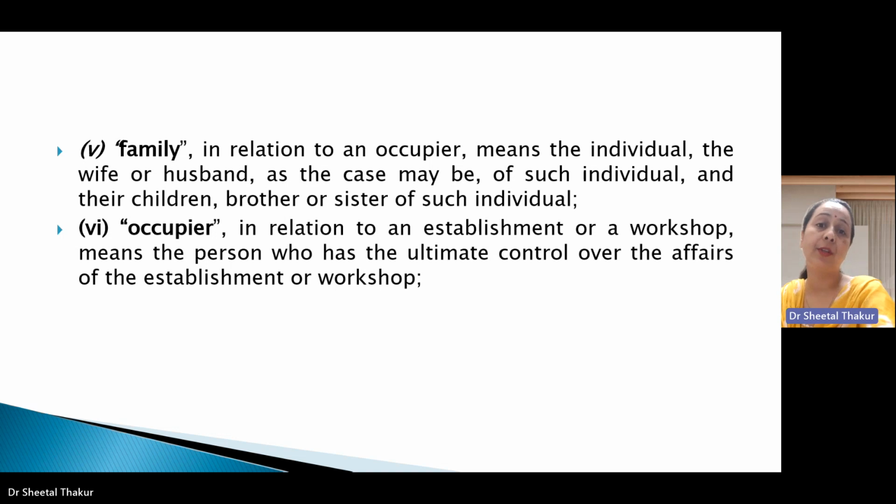So whenever the word family comes in relation to an occupier, his spouse as well as his children, brother and sister come within the periphery of the family. Thereafter, they have also defined the term occupier. Occupier, in relation to an establishment or a workshop, means a person who has the ultimate control over the affairs of the establishment or workshop.